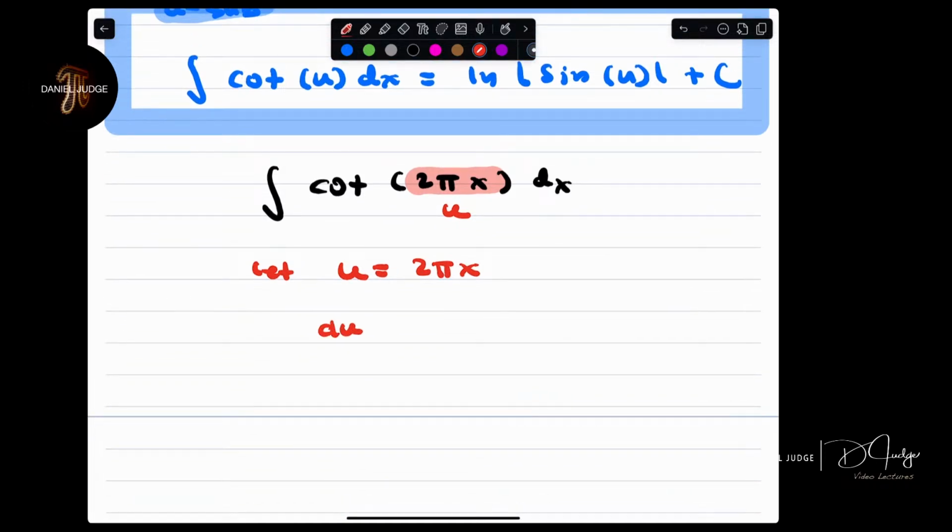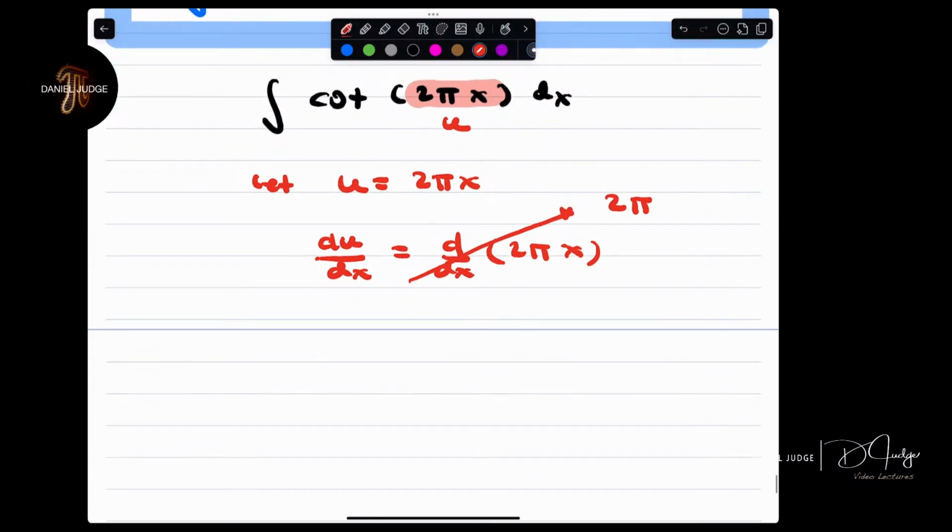And we get du dx, now the derivative of 2 pi x is 2 pi.